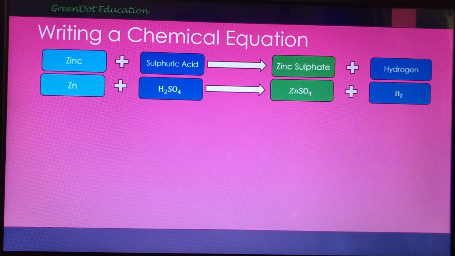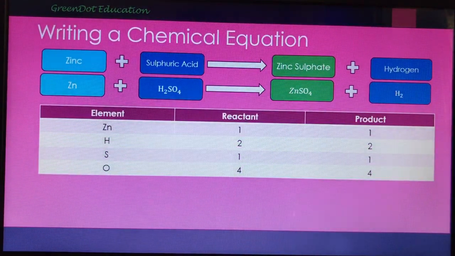Now let us compare the number of atoms on both the sides of the reaction. So the elements taking part here are zinc, hydrogen, sulfur and oxygen. So the total number of elements taking part in this reaction is 4. So first of all, let's have a look at zinc.